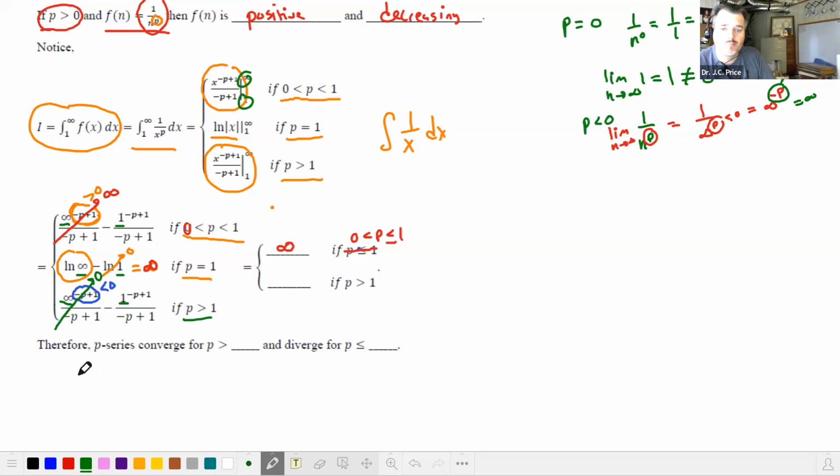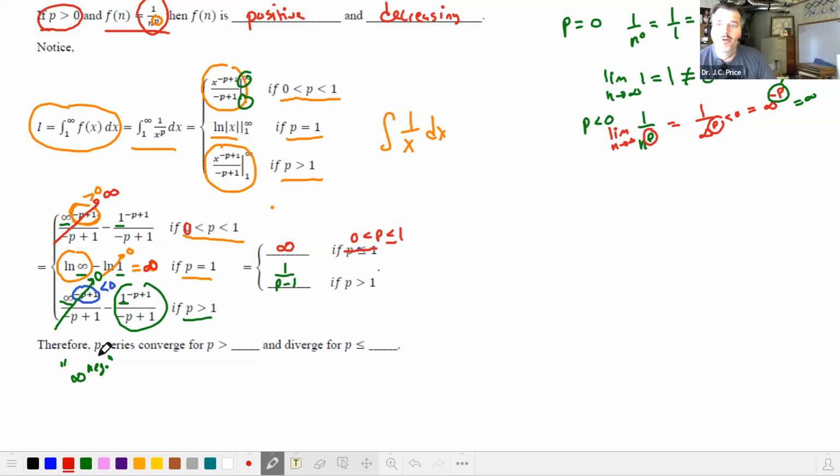Then over here, you have minus, and then another minus, so you actually write this as 1 over p minus 1. So that's actually going to be a number: some 0 minus some number, and I put that minus on the inside, so I get positive 1 over p minus 1.